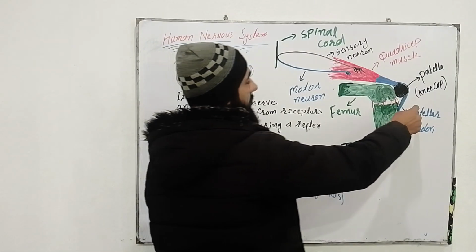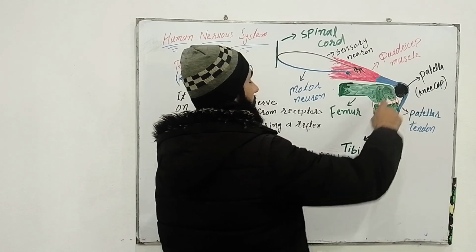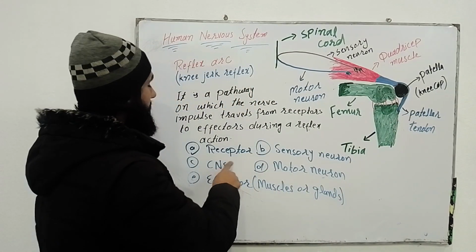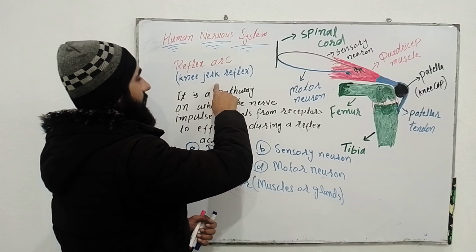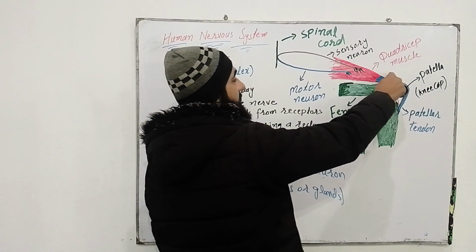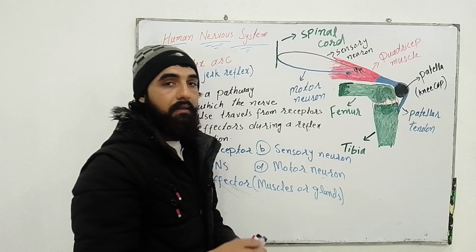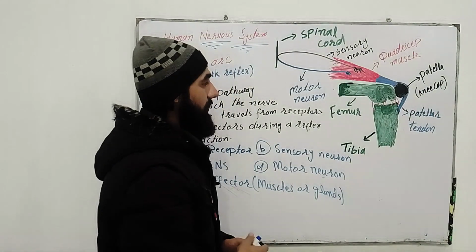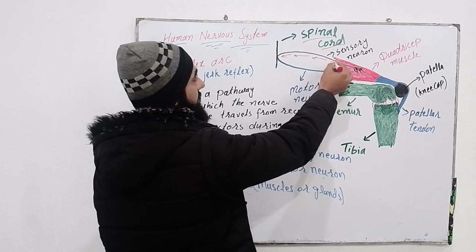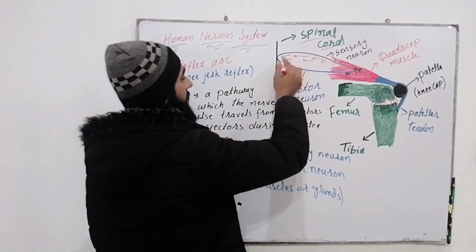If someone taps his patellar tendon, then the receptors, which is the first component of the reflex action, the stretch receptors in the quadriceps muscle, detect the pull of the tendon. The message travels in the sensory neuron toward the spinal cord.